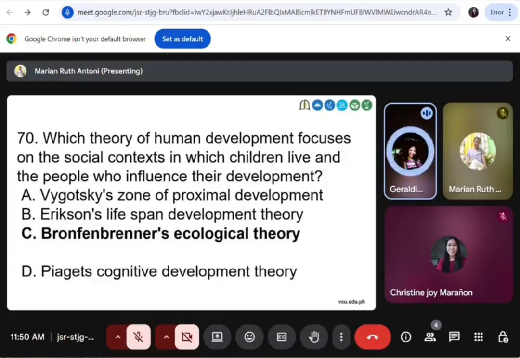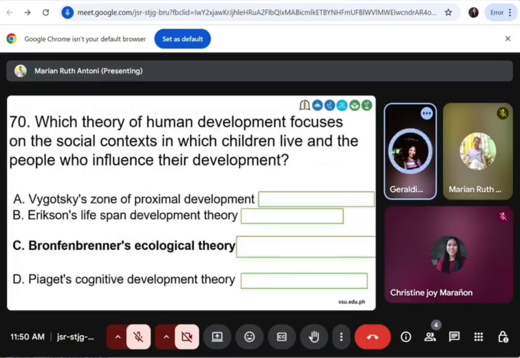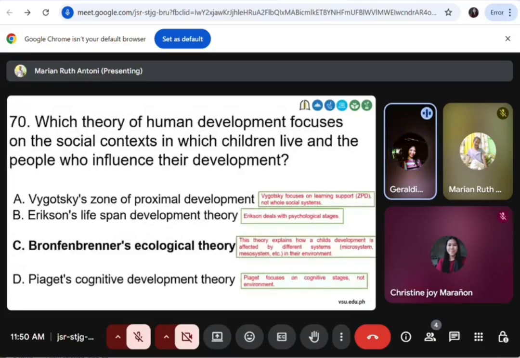Bronfenbrenner's ecological theory. It's because this theory explains how a child's development is affected by different systems, microsystems, mesosystems, etc. in their environment. Why not letter A?